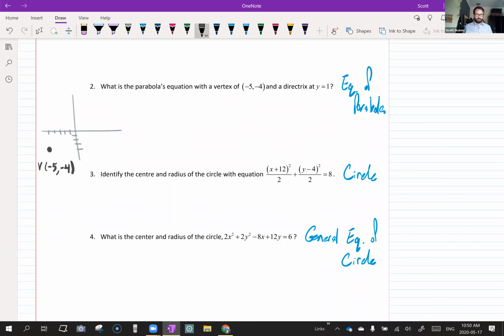The directrix is the line y equals 1, which means that the y values on that line are always 1. So that's my directrix. And the parabola is like scared of the directrix. It always goes away from it. So it's telling you a lot of information.